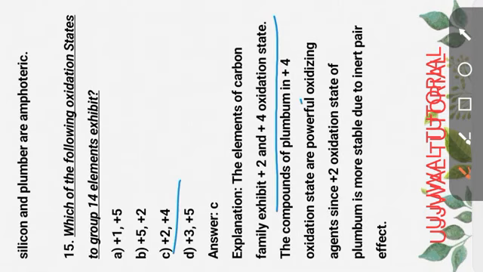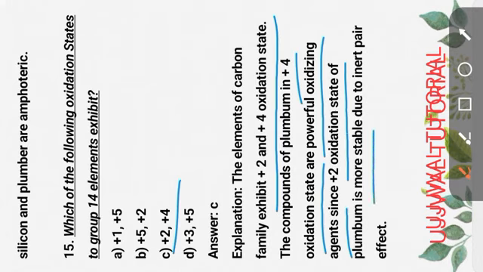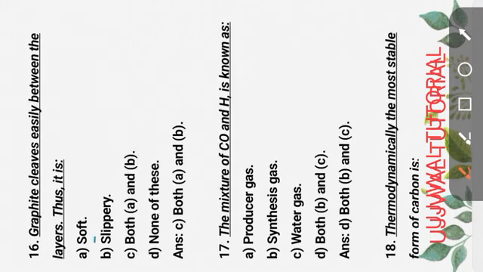The compounds of plumbum in +4 oxidation state are powerful oxidizing agents, since the +2 oxidation state of plumbum is more stable due to the inert pair effect.